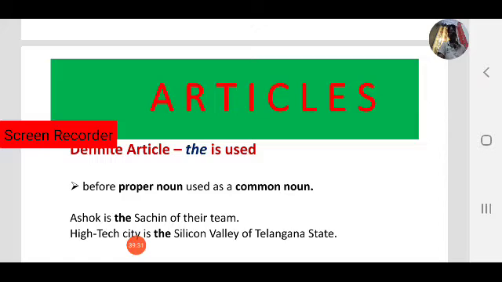You know Silicon Valley in America. It is a proper noun, but here we use it as a common noun. We are comparing High-tech city in Hyderabad to Silicon Valley.